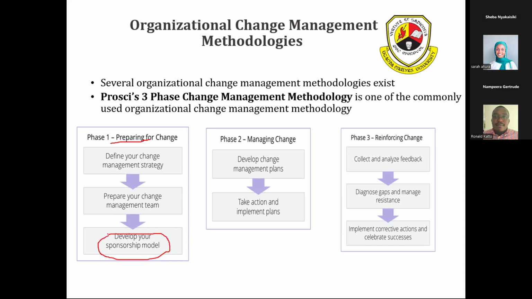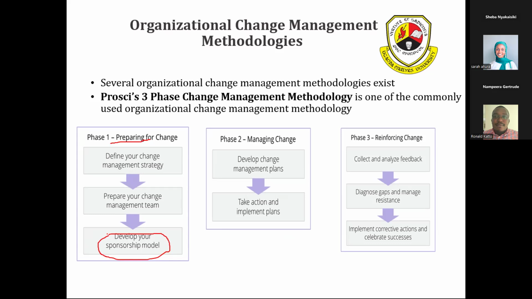So the sponsorship model may include certain individuals who are going to sponsor, who are going to take leadership, and help their colleagues get through the change itself.